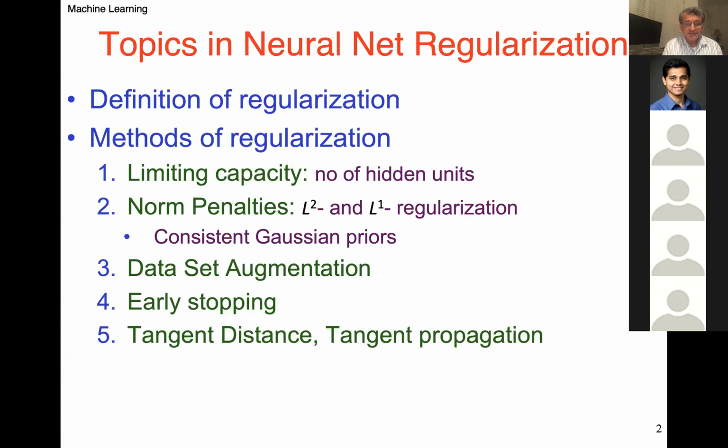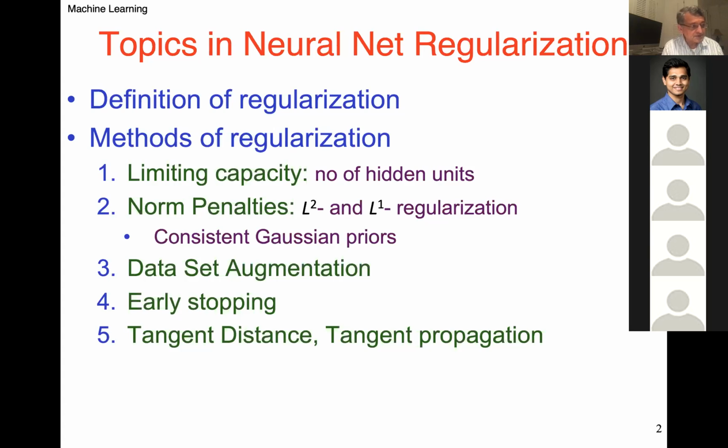And so, what are the methods of regularization? Limiting capacity is one of them, the number of hidden units in the network. If you have a very high capacity, it means it can learn a lot, it's got too many parameters and it fits exactly. Actually, that brings up an interesting issue. Should you put a lot of hidden units into your network or should you put fewer, saying don't learn too much? Actually, the answer to that question is use a higher capacity.